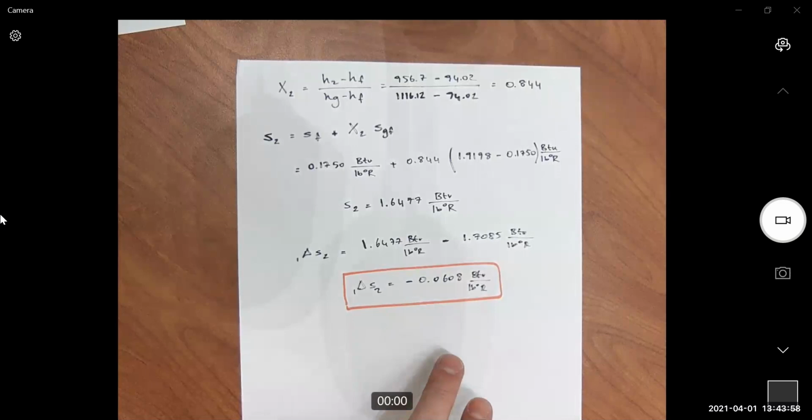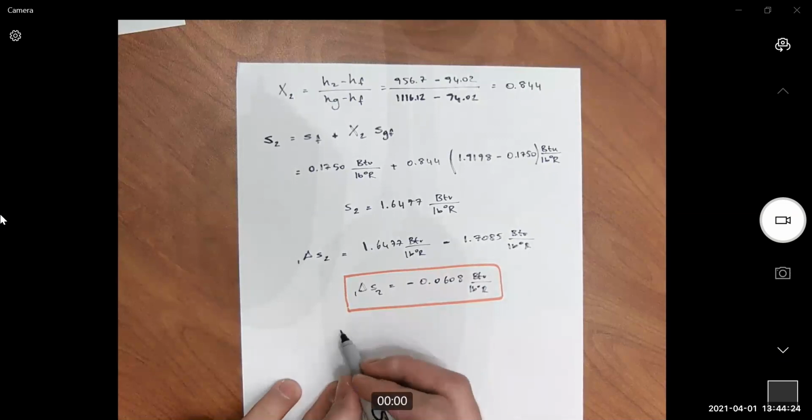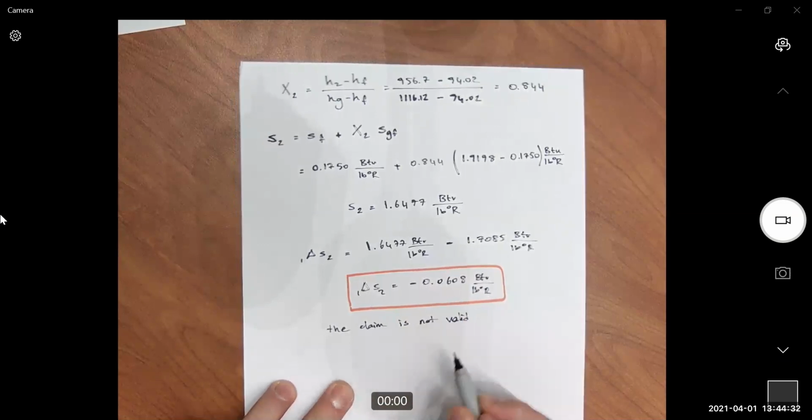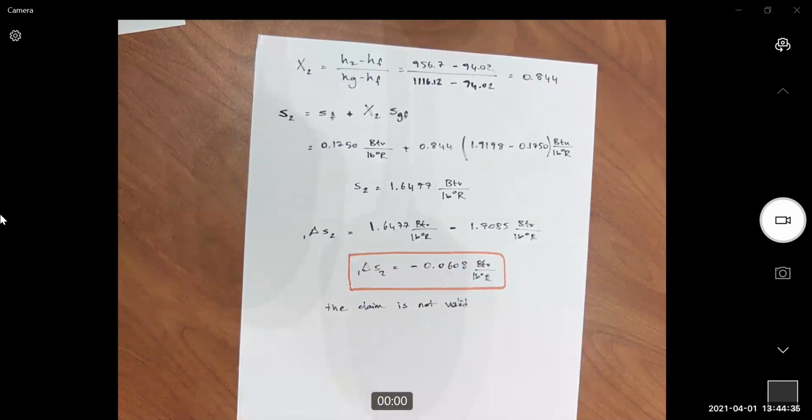It says the difference is negative, you cannot do that. Remember, when we introduced the second law of thermodynamics, we said delta S cannot be negative. That entropy generation, sigma, I introduced as a positive number. So the claim is not valid because it violates the second law. Clear?